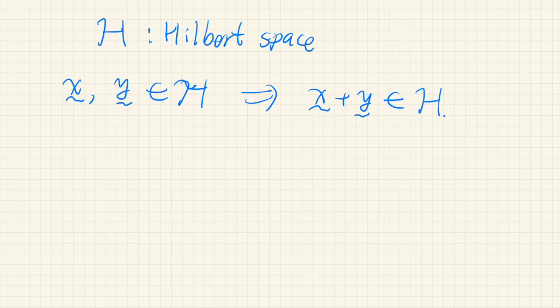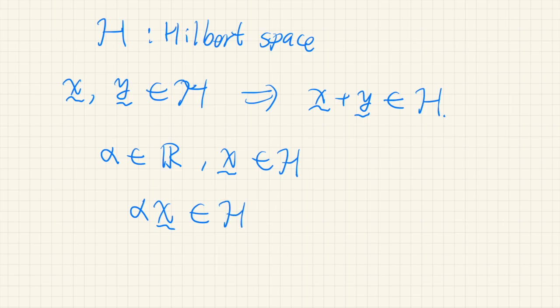And another operation is scalar multiplication. In this video, we only consider real Hilbert space. So scalars are real numbers. So let's say alpha is any real number and x is any element of the Hilbert space. Then we can multiply alpha with x, which also belongs to the Hilbert space.